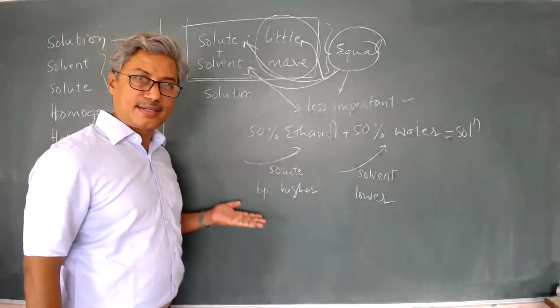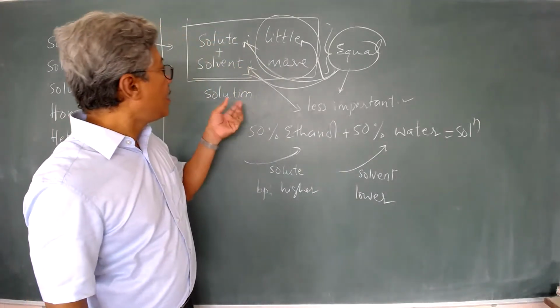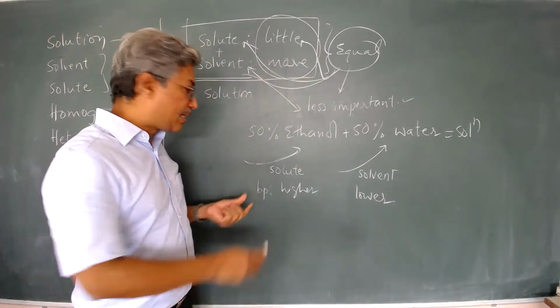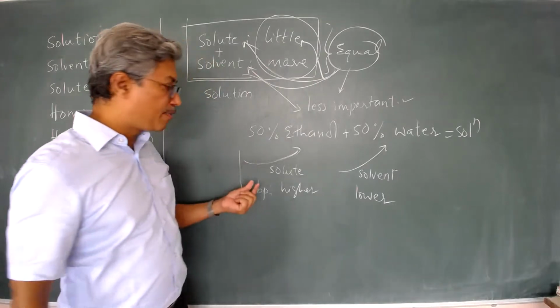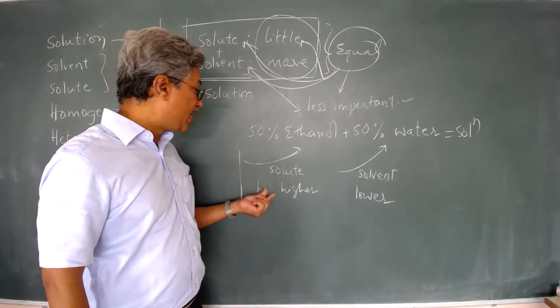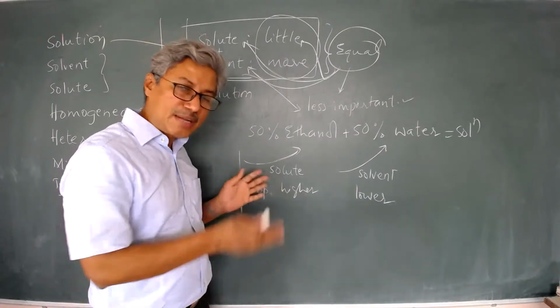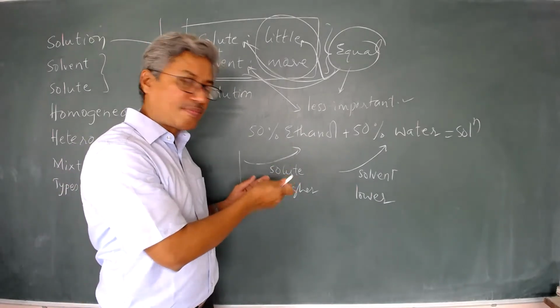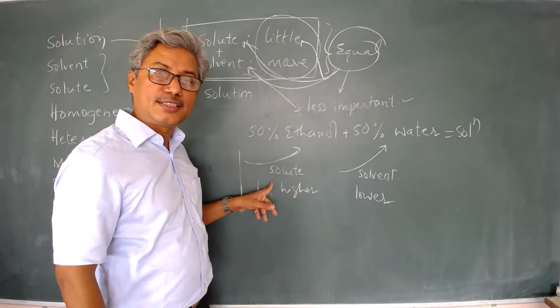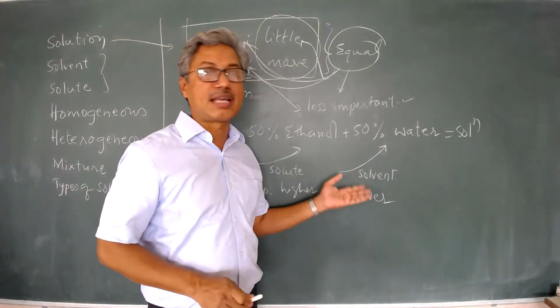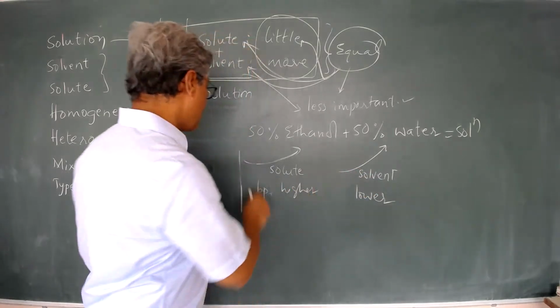Okay, let us discuss this. When the quantities of solute and solvent are equal, the concept suggested by one of the students is this: if the boiling point of one of the substances is more, then that substance can be regarded as solute, and the substance whose boiling point is less can be regarded as solvent.